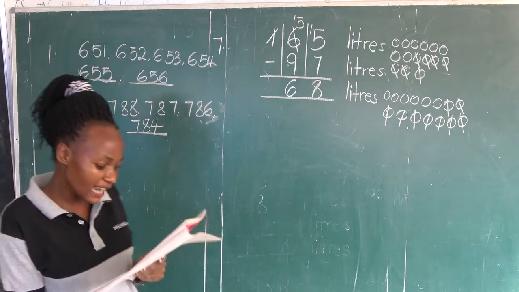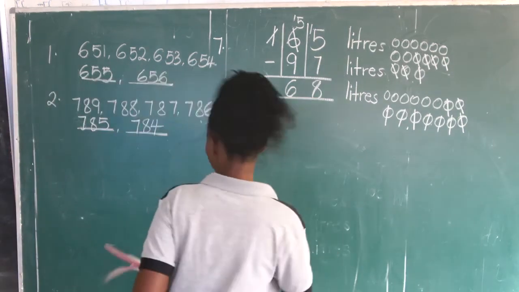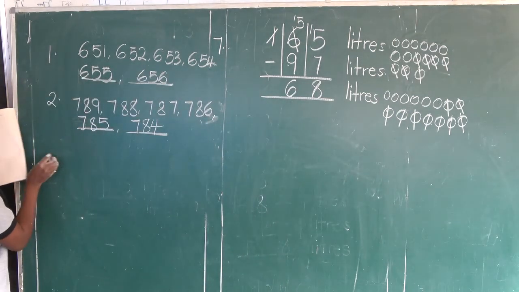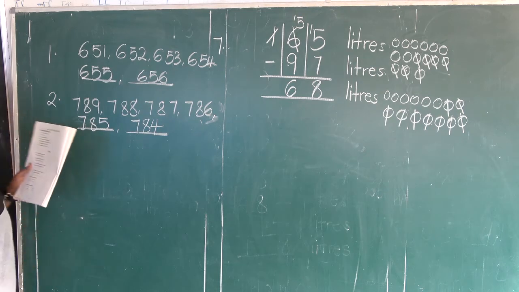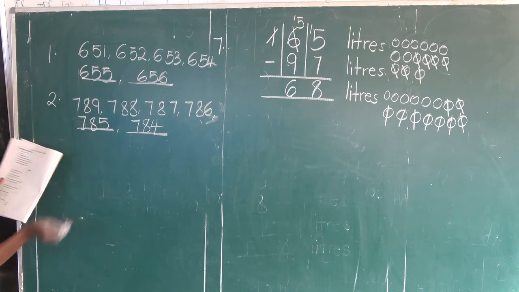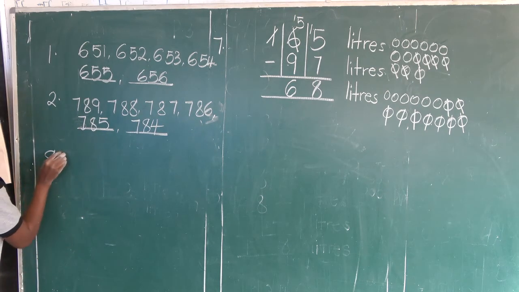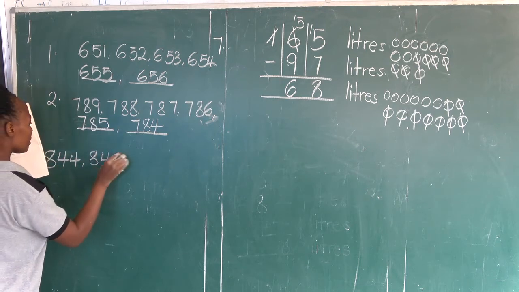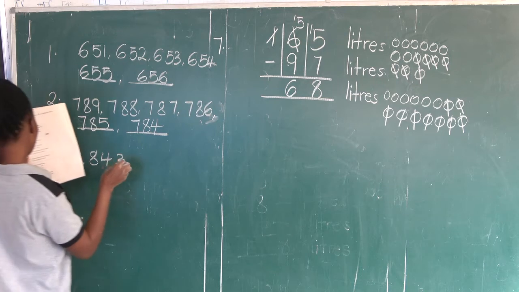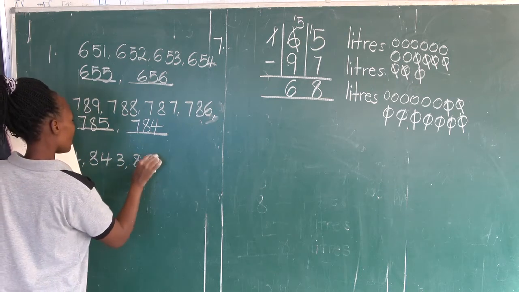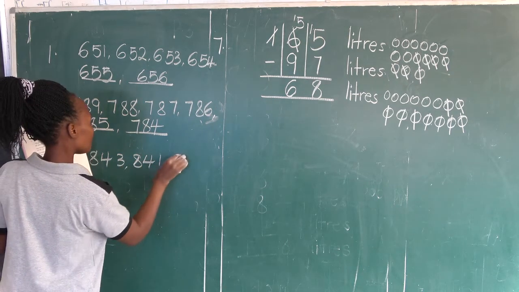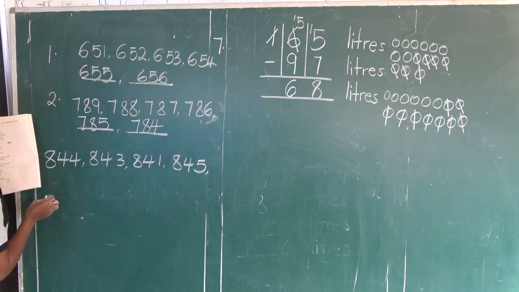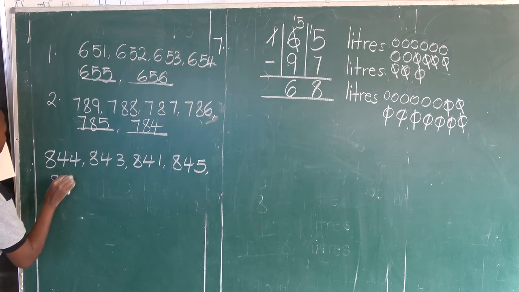Now let's go to number 3. Writing in order starting with the smallest. We have 844, 843, 841, 845, 842.